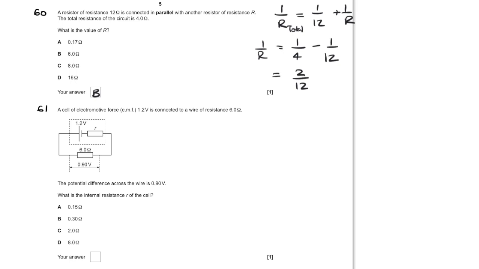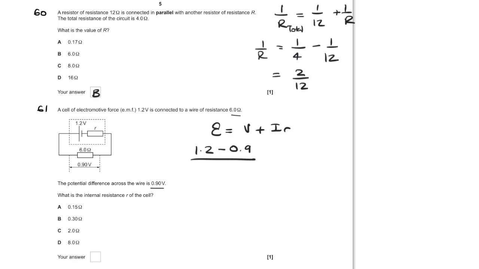For question number 61, we are given that a cell of electromotive force 1.2 volts is connected to a wire of resistance 6 ohms. The potential difference across the wire is 0.9 volts. What is the internal resistance R of the cell? We know that EMF is equal to V plus Ir, where r is the internal resistance. If you just rearrange, this is a really straightforward question. So it's 1.2 minus 0.9 over the current.